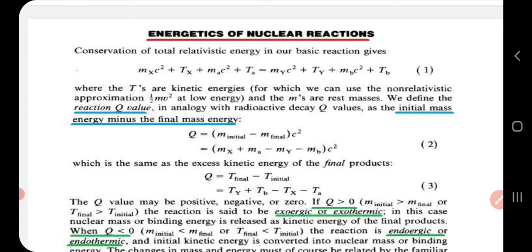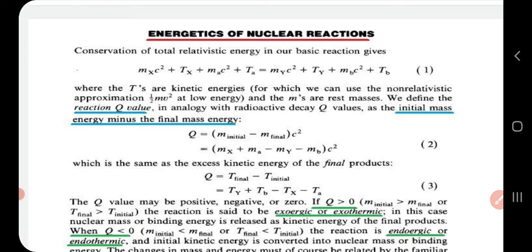The basic equation is m_X c² + T_X + m_a c² + T_a = m_Y c² + T_Y + m_b c² + T_b. Here the T's represent kinetic energy, and m stands for the rest mass.